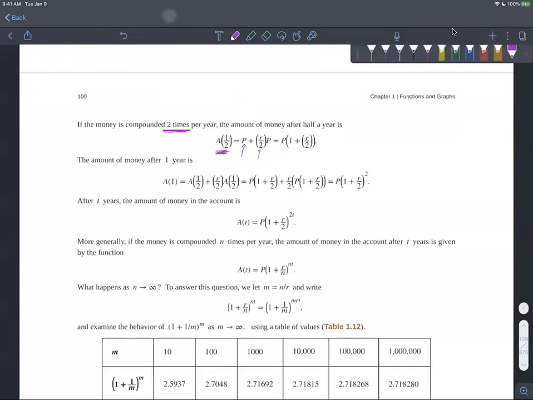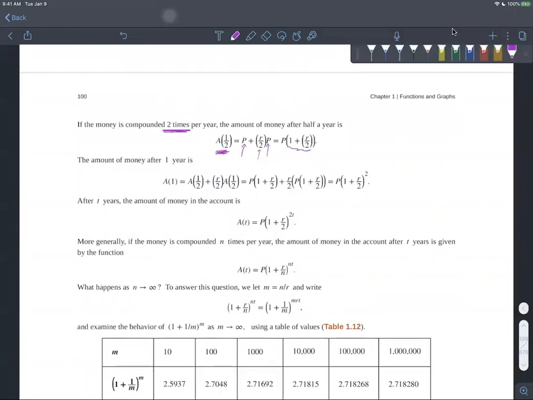So we're going to apply half of the interest rate after half of a year. And so you'll get half of the interest rate applied to your principal amount, and that will be added on to the initial amount P. And again, we have a common factor of P. We can factor out that P, and our other factor ends up being 1 plus R over 2.